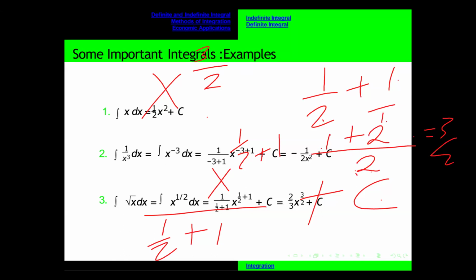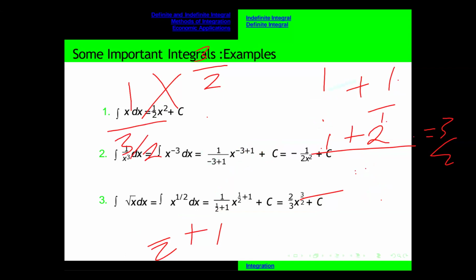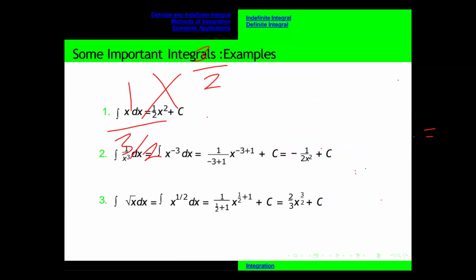3 over 2. Even down here, there is 1, right? Then there's 3 over 2. It grows big, eh? With integration, stuff keeps on growing. How do we handle this now? We have to divide this. 1 divided by 3 over 2, right?